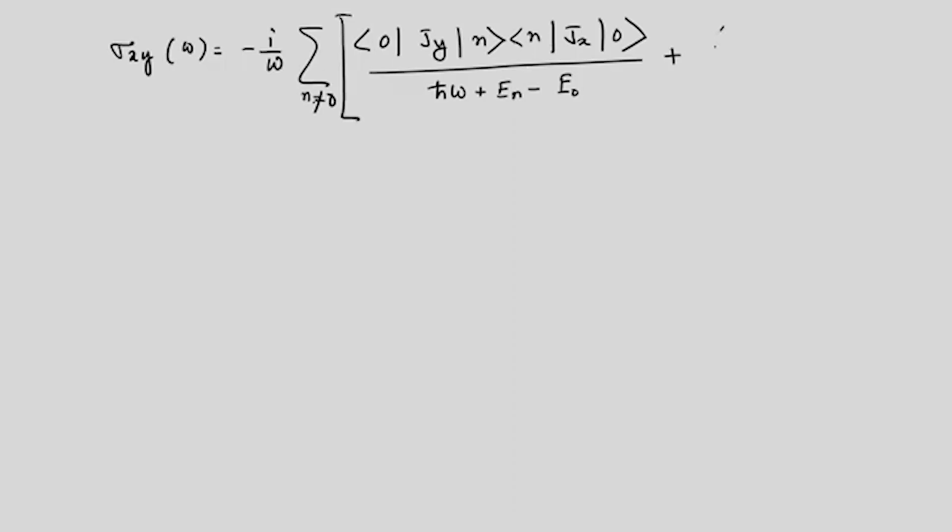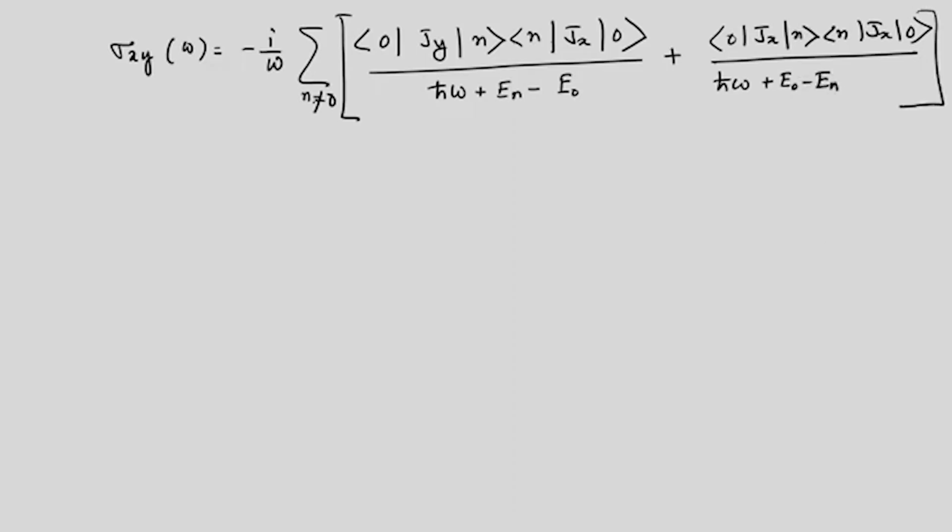So the term is ⟨0|j_x|n⟩⟨n|j_x|0⟩ divided by ħω plus E_0 minus E_n. Okay, so you get this energy denominator.